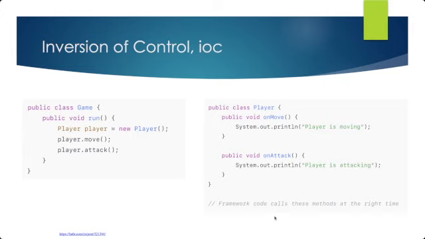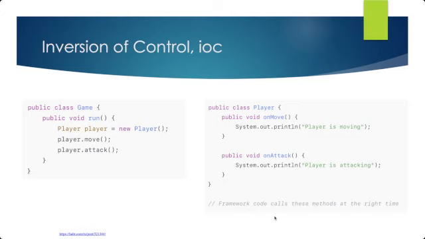Especially dependency injection, it's an example of an implementation of inversion of control. When we use inversion of control, we don't control everything. We give control to a framework or some high-level system. And it helps us write flexible and testable code.